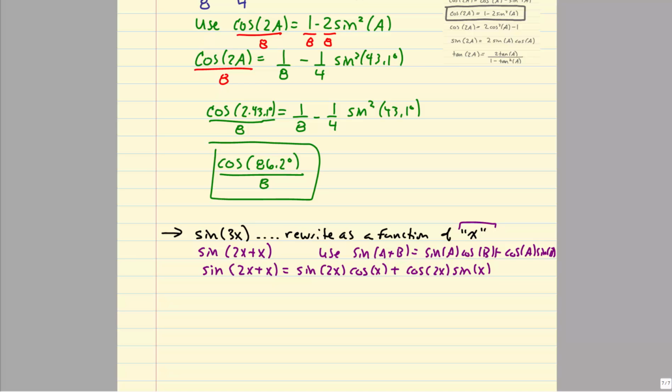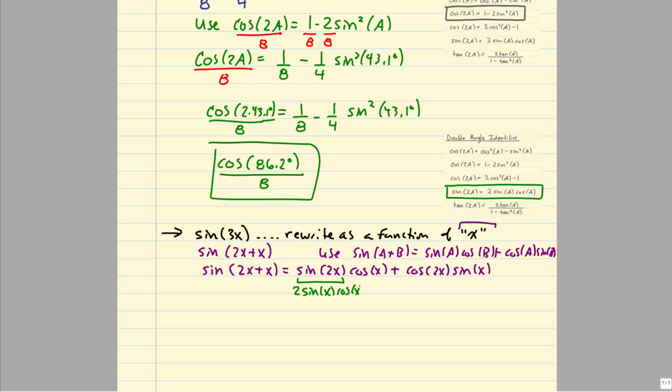So let's go ahead and keep rewriting. The sine of 2x, if I look up here, I guess I could put down another little formula card right here. The sine of 2x I can rewrite as 2 sine x cosine x. So this is my double angle identity, 2 sine x cosine of x.